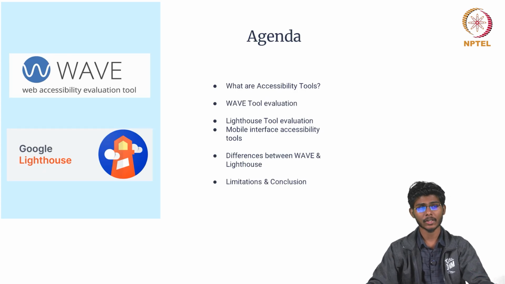At the end of the session we can also compare the general differences between these tools, whether any tool provides a more effective generated report than another, what the similarities are, who benefits from these tools, and what the limitations are.